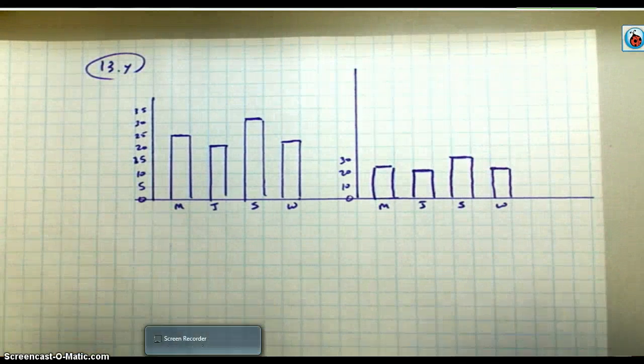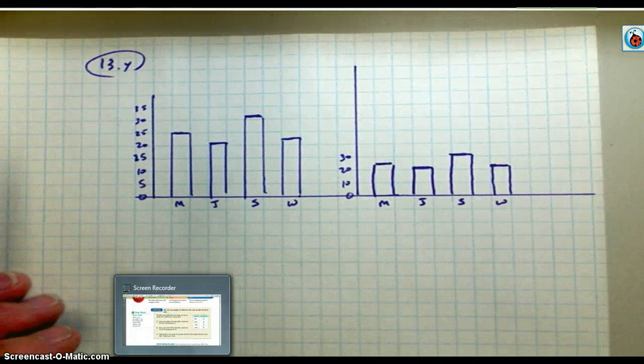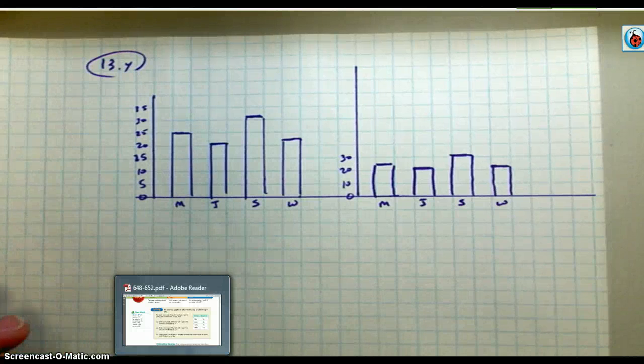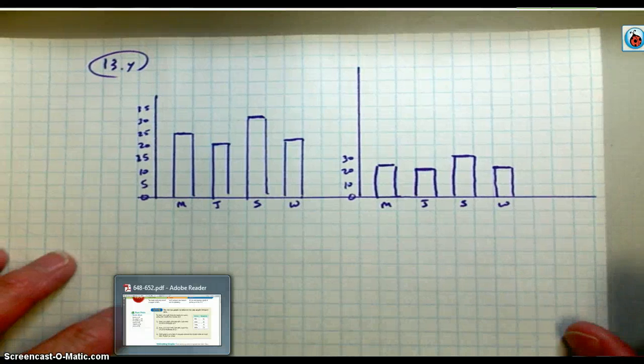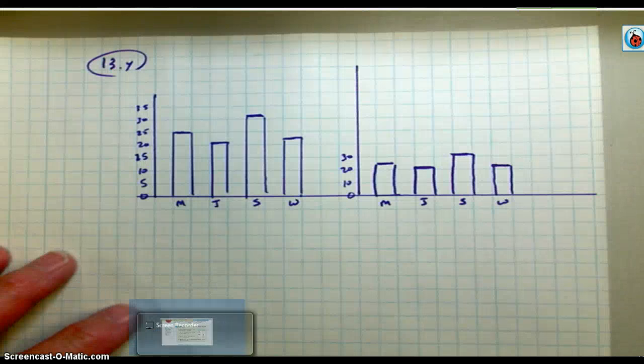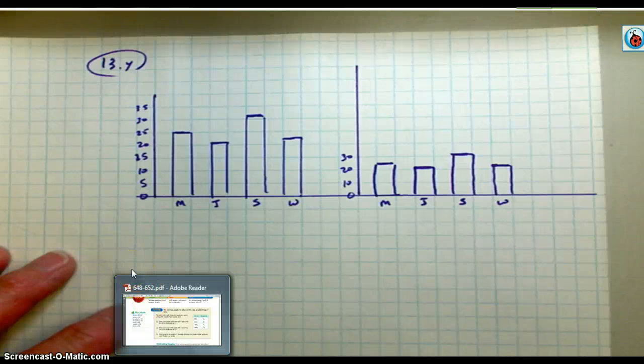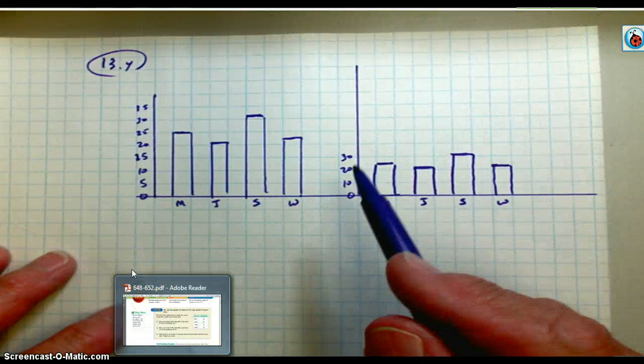Okay, now the question, taking a look, is which graph is more likely to persuade someone that students drink too much soda? Which one shows us where soda looks really high compared to other drinks?